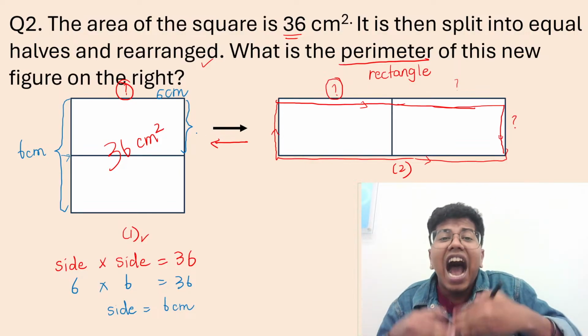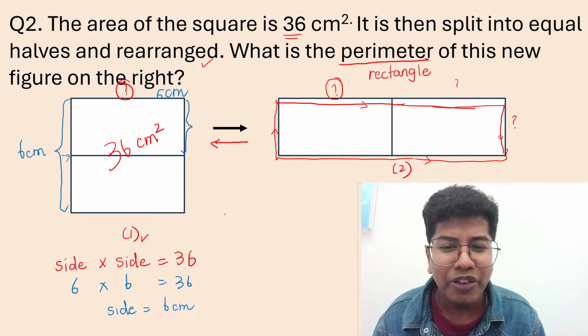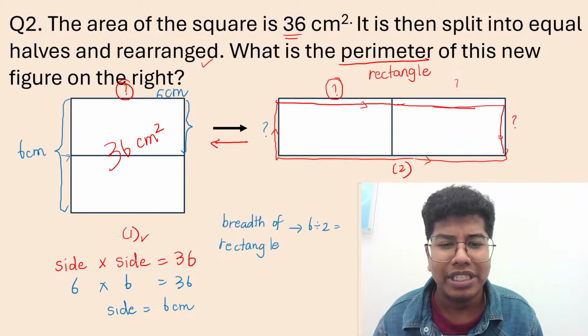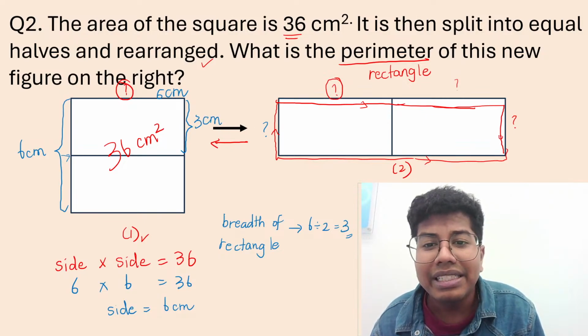Perfect. It's just half of the length. So if you want to find out the breadth of the rectangle, that is this part. It's 6 divided by 2, which is equal to 3. So this part is 3 centimeter.